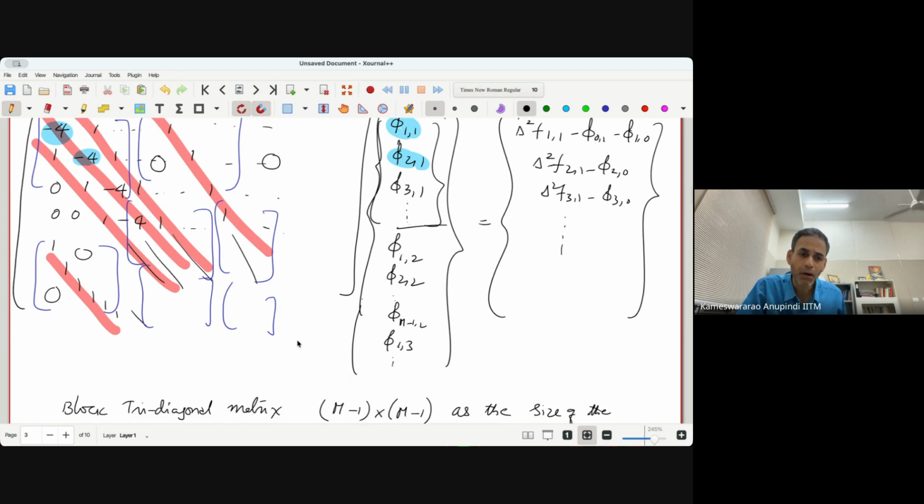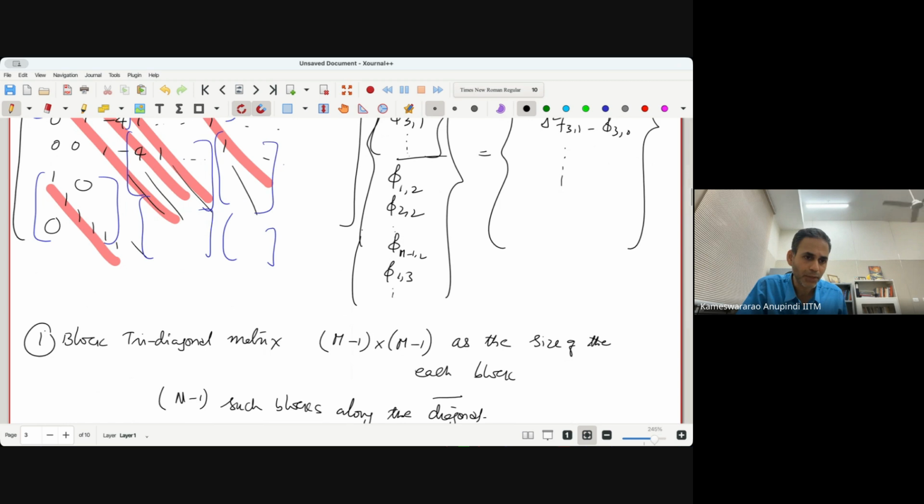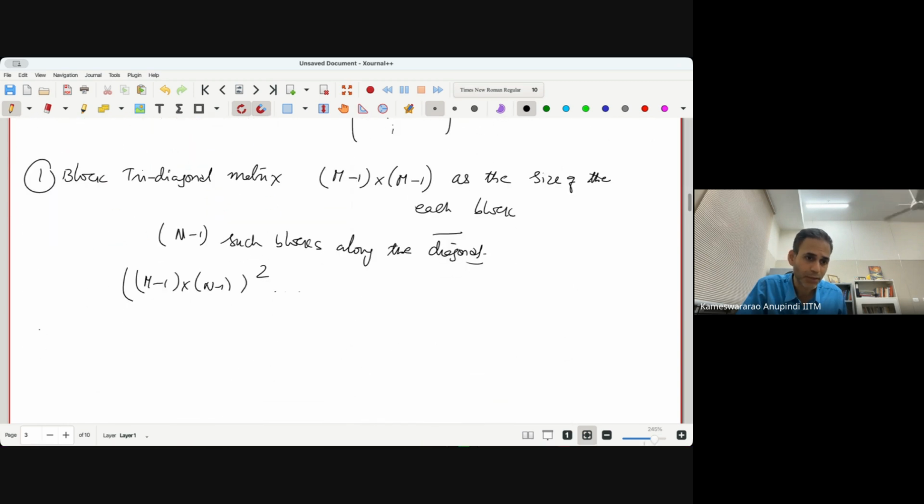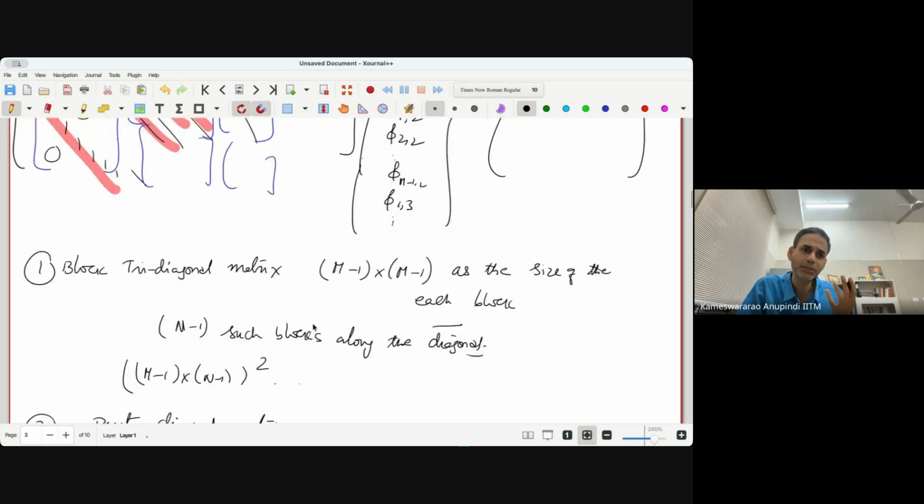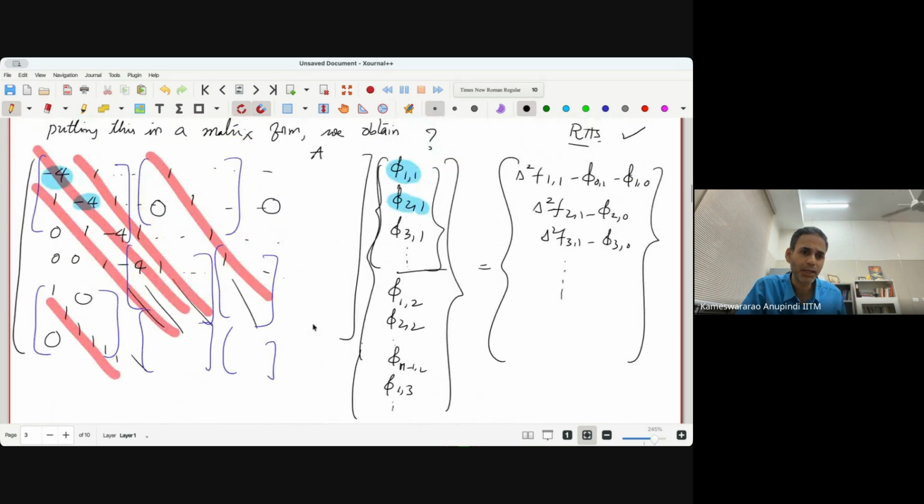Or instead of thinking of it as a block tridiagonal matrix, you can also think of it as a pentadiagonal matrix, right? But it is not a pentadiagonal matrix in the same sense as we would perceive, because there are 5 non-zero diagonals, but only 3 of them are together.